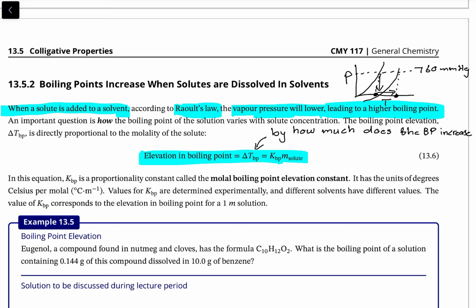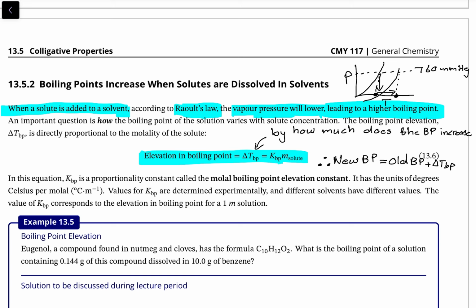And hence it's a delta T value, and therefore we must always remind ourselves that our new boiling point is going to be equal to our old boiling point plus this delta T value that we're going to look at just now.